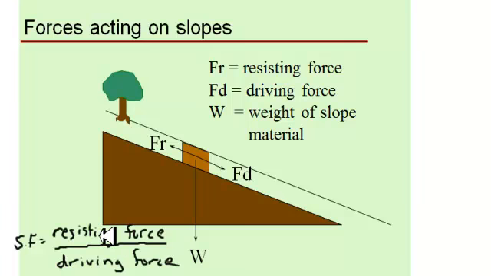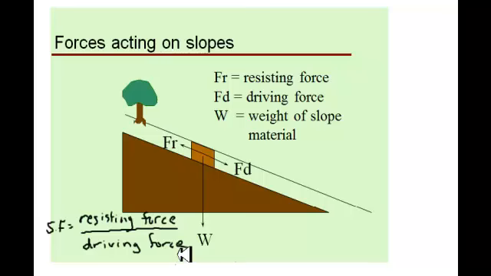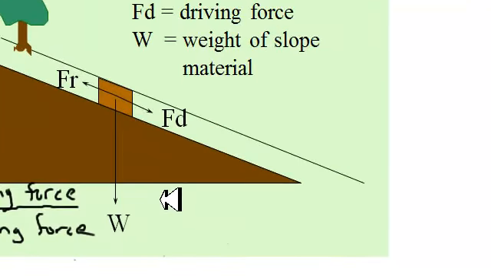Of course, we'd like to have our slope materials be very strong, have this resisting force be large relative to the driving forces trying to pull those materials down slope. So we'd like to have the safety factor be greater than 1. And usually we'd like to see it be considerably greater than 1.